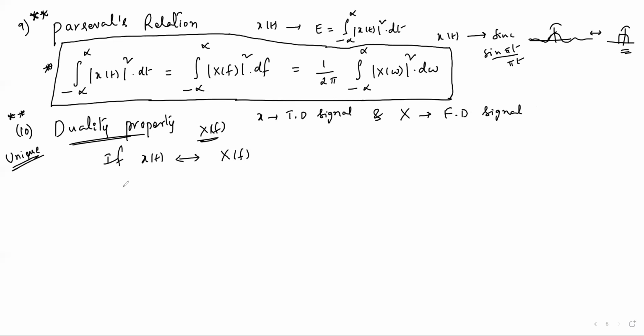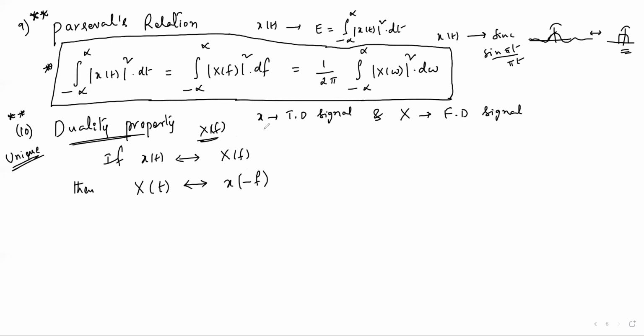So what this duality property says is, if you bring this frequency domain signal into time domain, then the Fourier transform of that signal is this time domain signal coming to frequency domain with reflection, x of minus f. Try to understand the property statement. So the frequency domain signal, if it comes to the time domain, the corresponding Fourier transform is that the time domain signal will come to frequency domain with reflection.